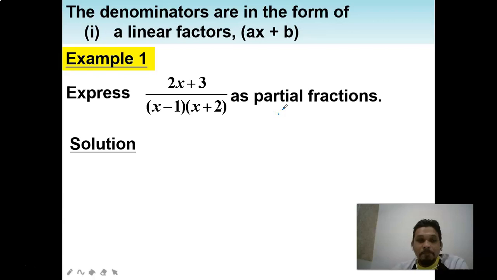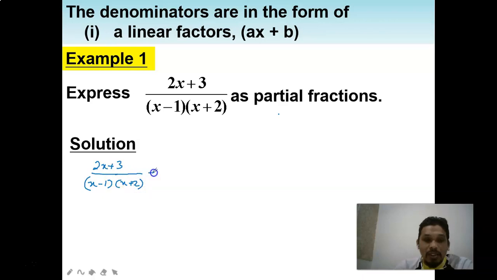Example 1. For this one, 2x plus 3 divided by x minus 1 and x plus 2. Write this as A divided by x minus 1, plus B divided by x plus 2.